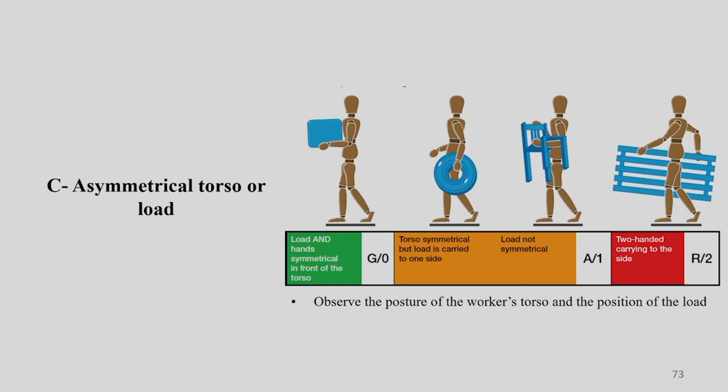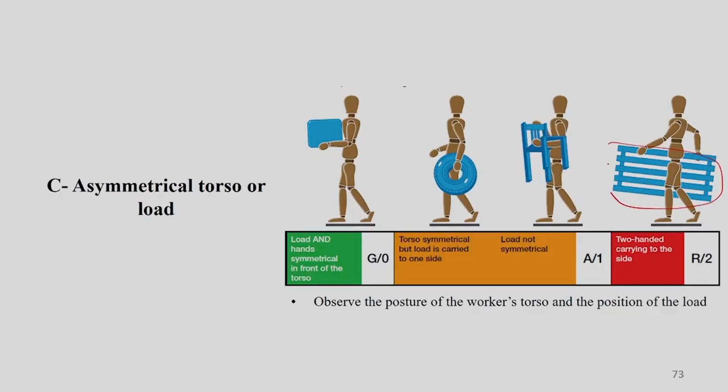The last one is two-handed carrying to the side. So you are holding the object with 2 hands, but it is not in front of you. In such cases, suppose you are carrying a fencing, such kind of thing, you cannot carry it in front, because your movement will get restricted. So you are holding it on this side or this side.